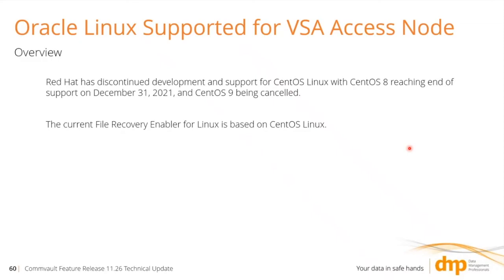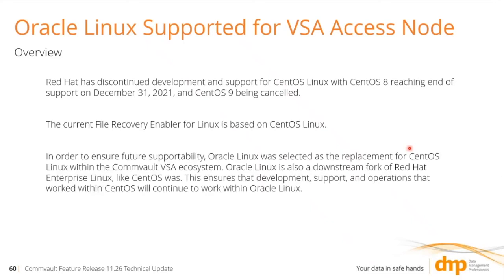And the current file recovery enabler for Linux was based on CentOS Linux. So Commvault has now replaced CentOS with Oracle Linux, which is also a fork of Red Hat Enterprise Linux, like CentOS. So that ensures that development, support, operations, etc. will continue to work with Oracle Linux.